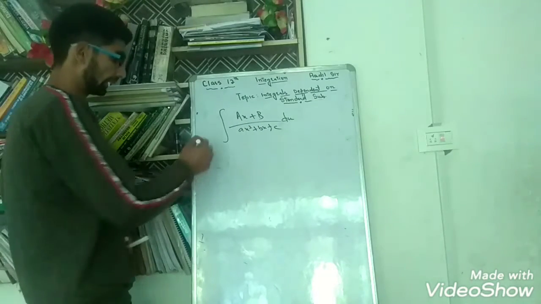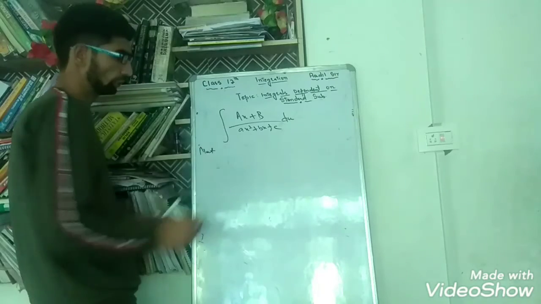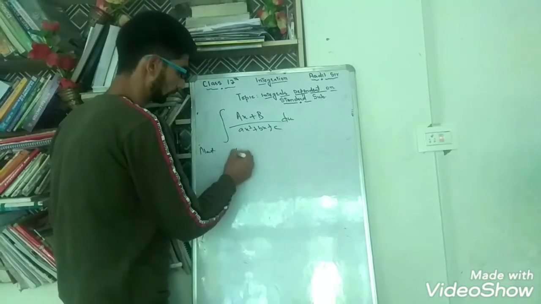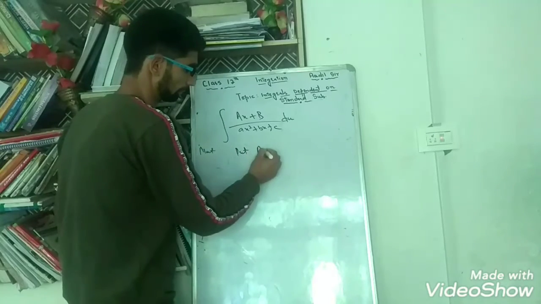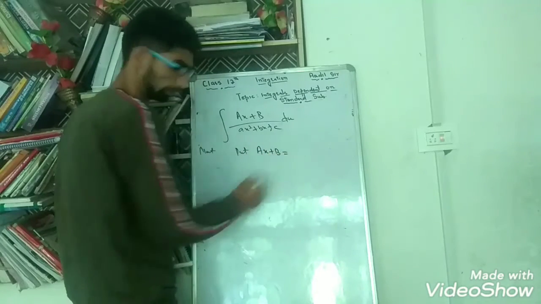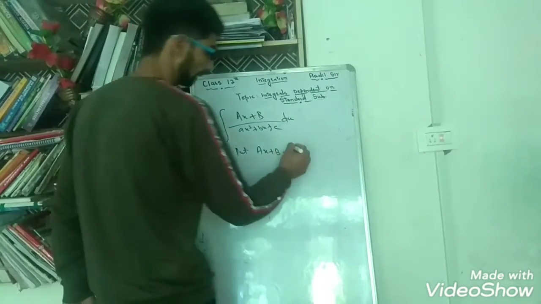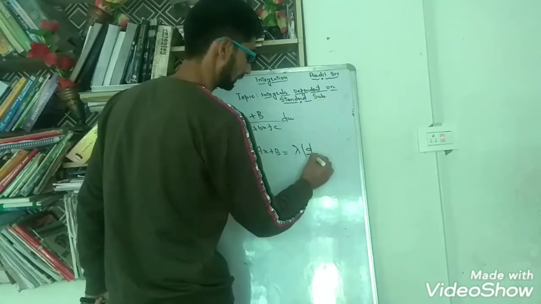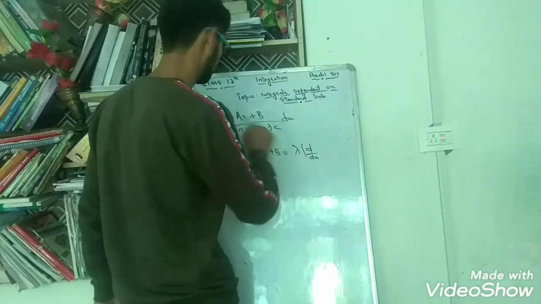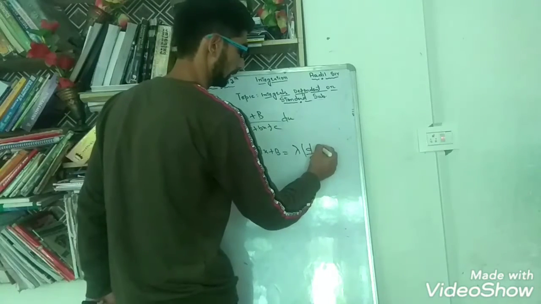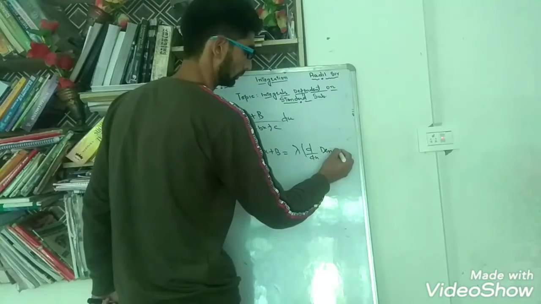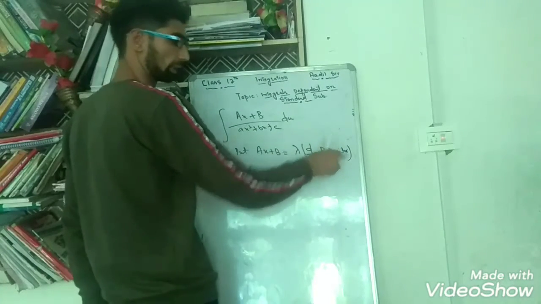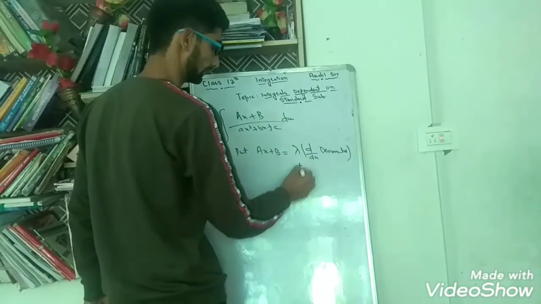At that time, you have to put ax plus b equal to lambda times the derivative, d by dx, of the denominator, plus mu.